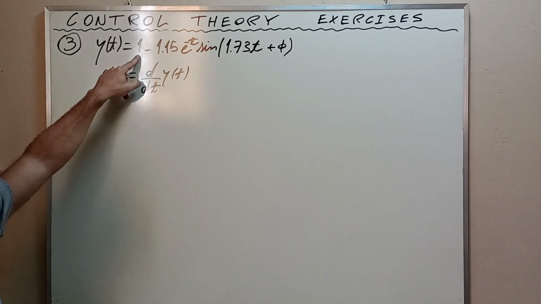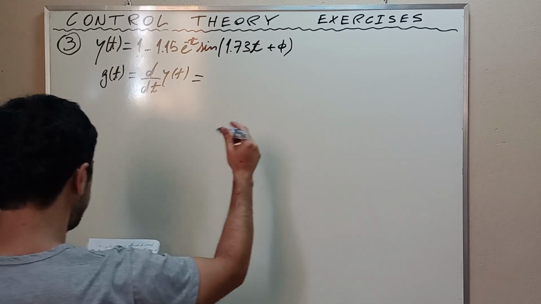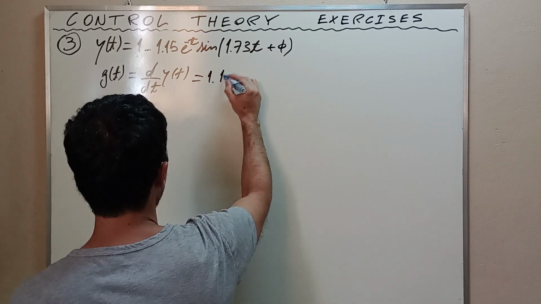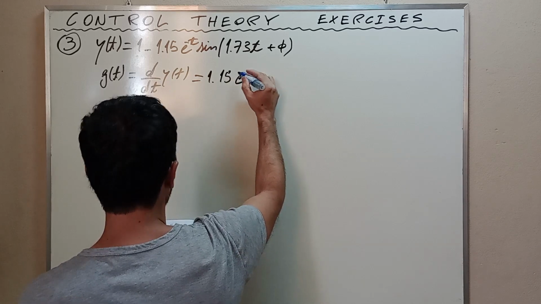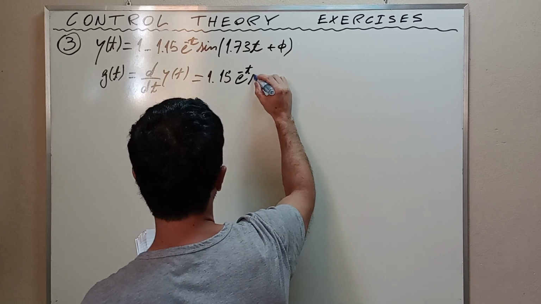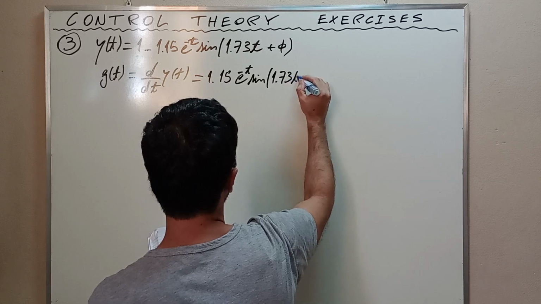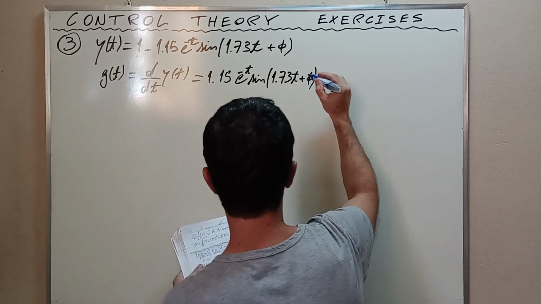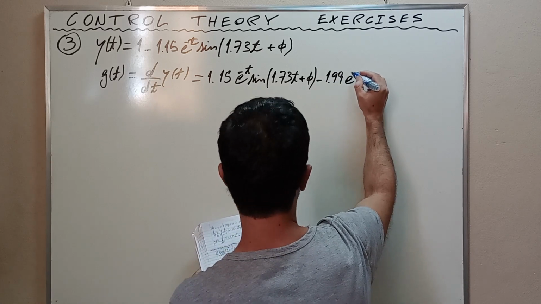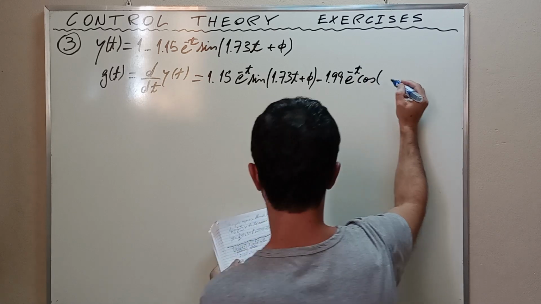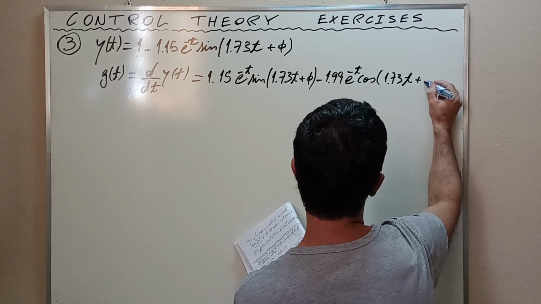And if we carry out this differentiation, we find that the impulse response is 1.15 times e raised to the power of negative t times the sine of (1.73t + 5), minus 1.99 e raised to the power of negative t times the cosine of (1.73t + 5).